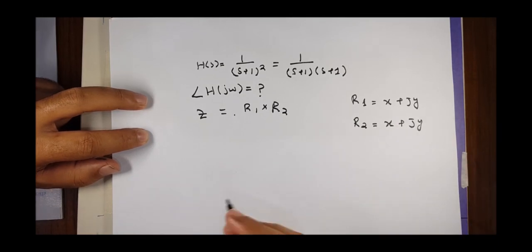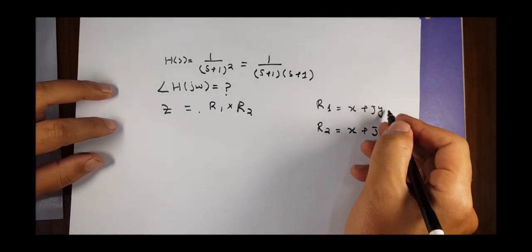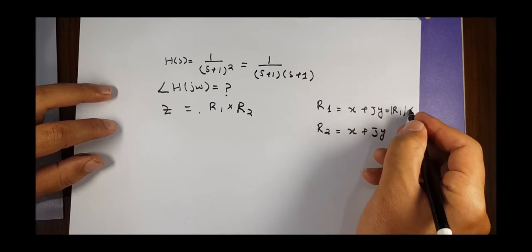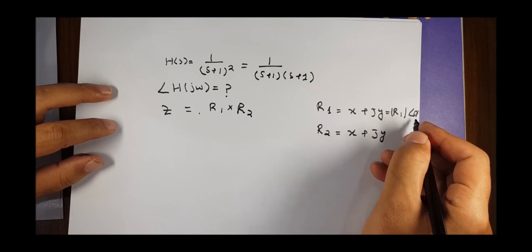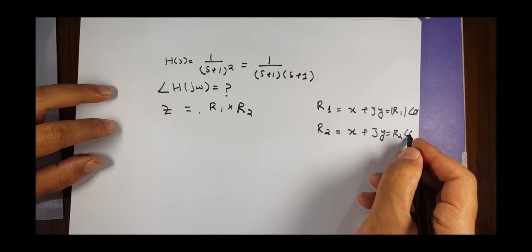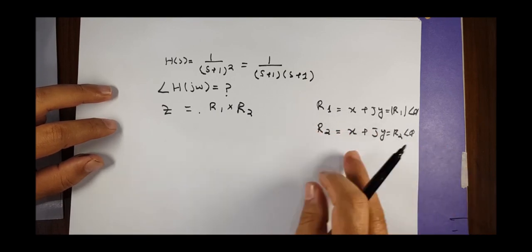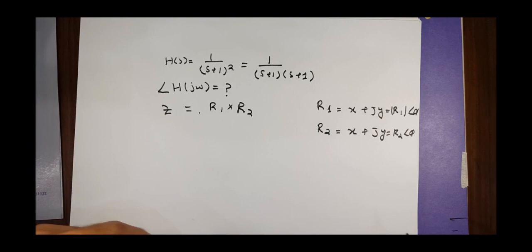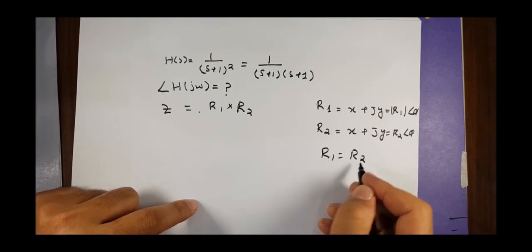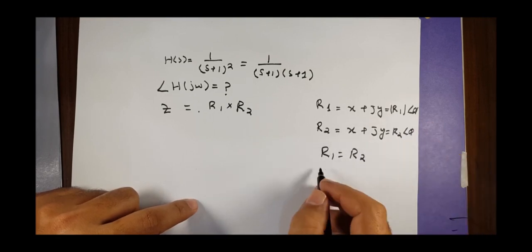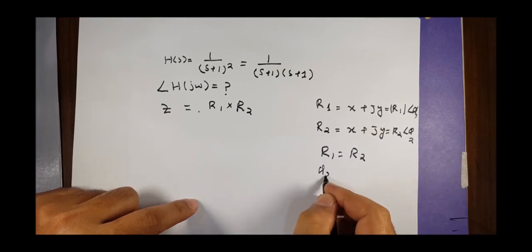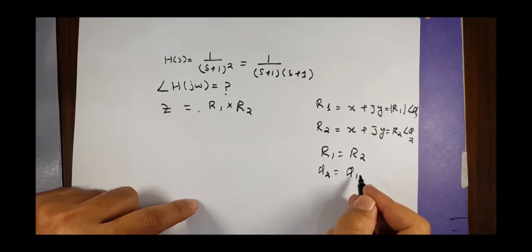So we can write r1 as amplitude with angle theta, and r2 as amplitude with angle theta, and you know that r1 is equal to r2 because both are x plus jy. So if r1 is equal to r2, this is say theta 1 and this is say theta 2, so theta 1 is equal to theta 2 is equal to theta.